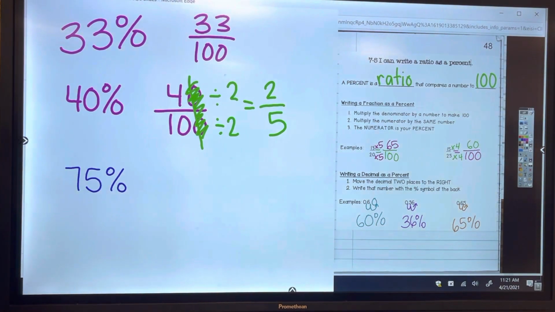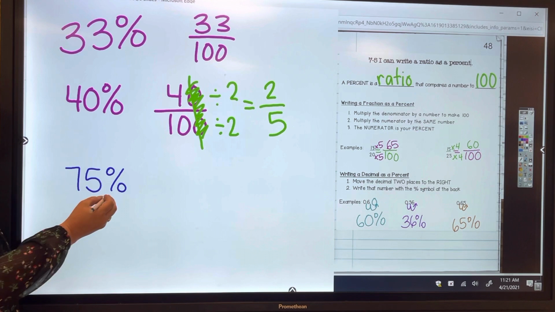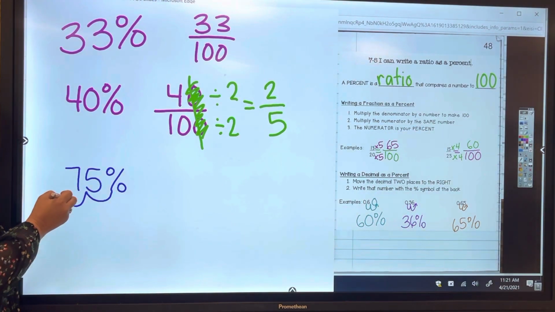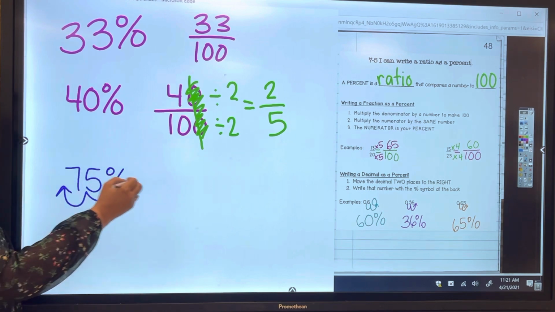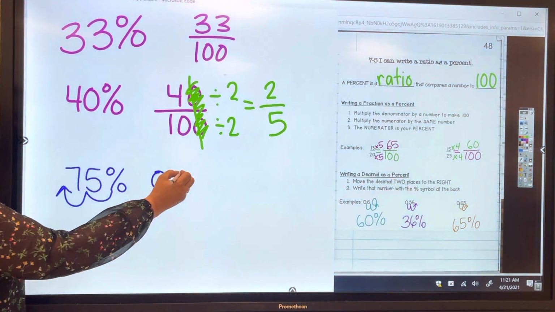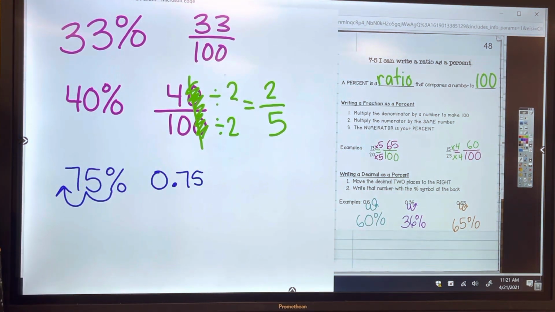All right, let's say I have 75%. If we move the decimal 2 places to the right to change the decimal to a percent, what am I going to do this time? Move it to the left. So I'm going to go 1, 2, and what's my decimal? 75 hundredths.